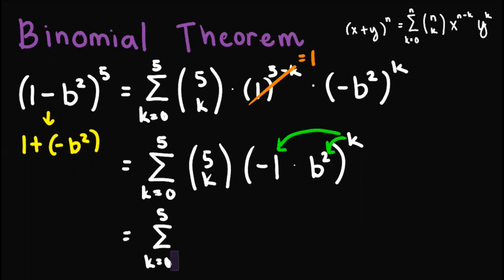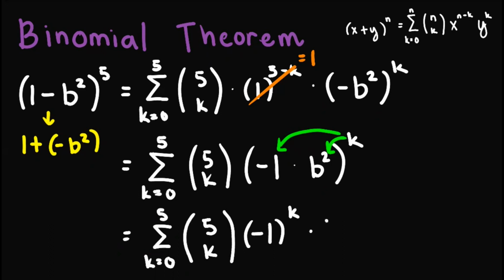So let's fix the 0 of 5 choose k, and this one out here will be negative 1 raised to k times b squared raised to k, or simply times b raised to 2k.